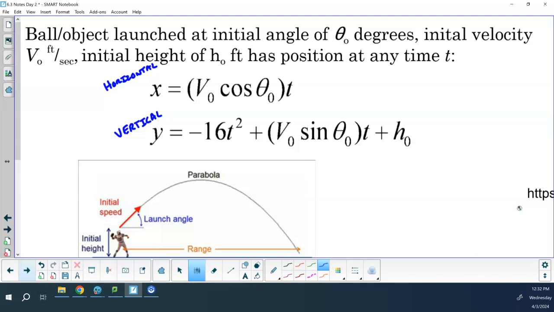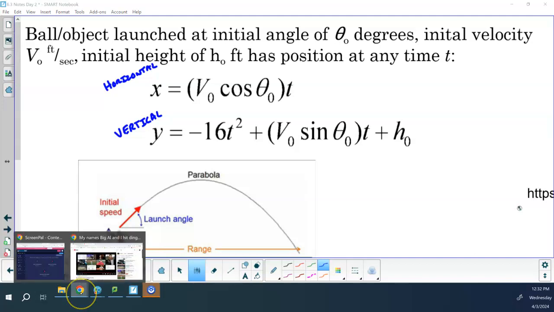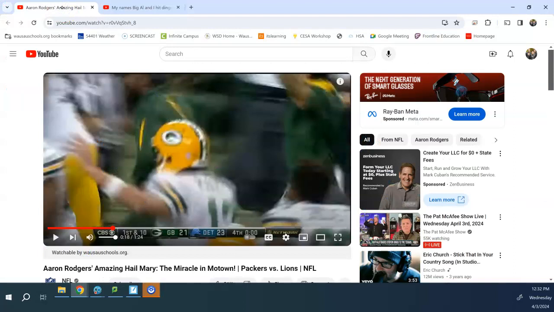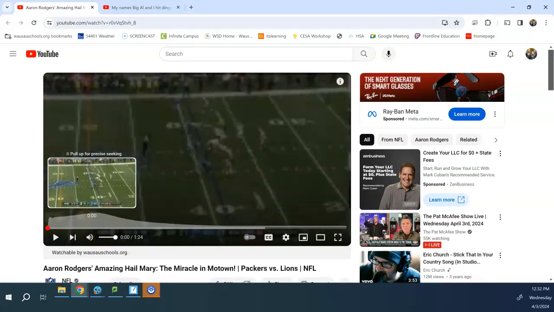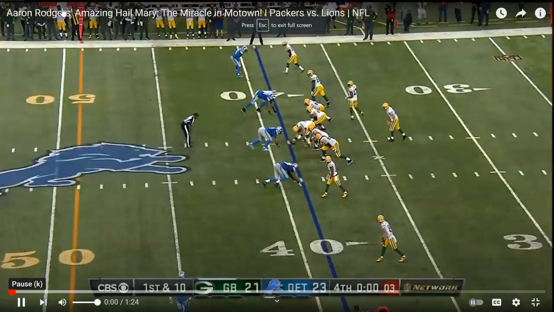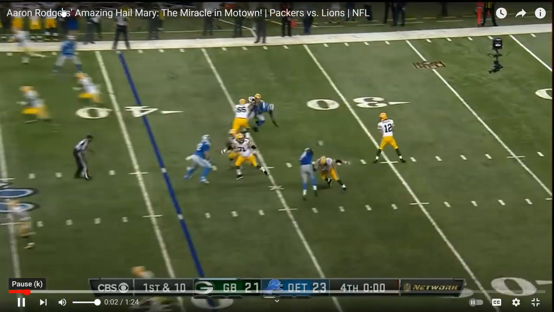If you put them both together, you get this. But I think, can the receivers get far enough down the field?